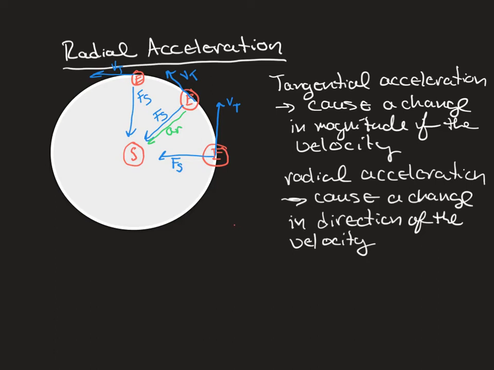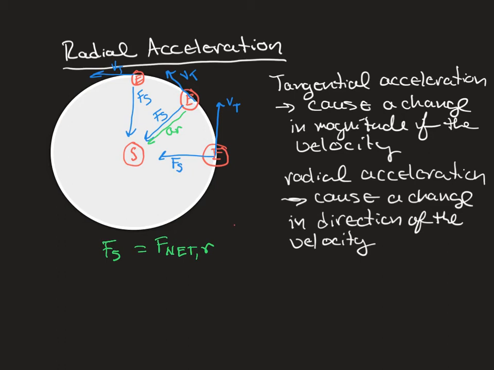Now we have to be careful here. This is not a new type of force, it's a new direction of force. So the force that the Sun exerts is going to equal the net force in the radial direction. So essentially we have a third option for Newton's second law.